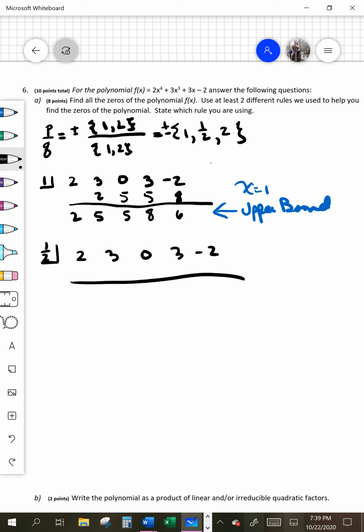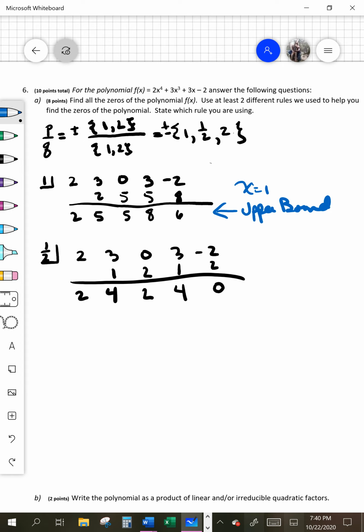And now let's check if 1/2 is a 0. Bring 2 down. 1/2 times 2 is 1. 3 plus 1 is 4. 1/2 times 4 is 2. 0 plus 2 is 2. 1/2 times 2 is 1. 3 plus 1 is 4. 1/2 times 4 is 2, and we get a 0 here.